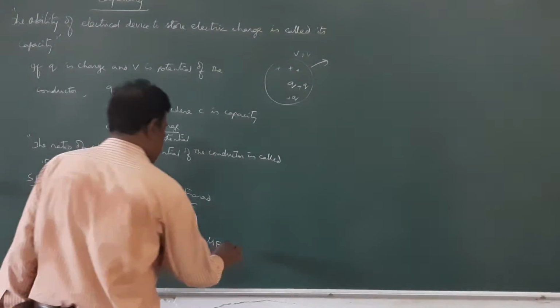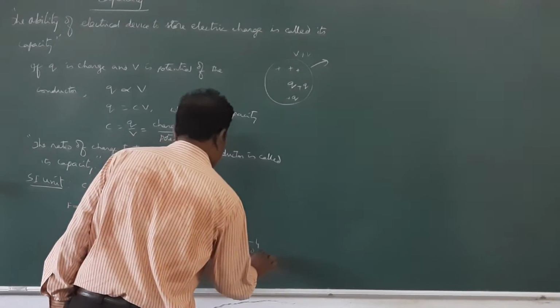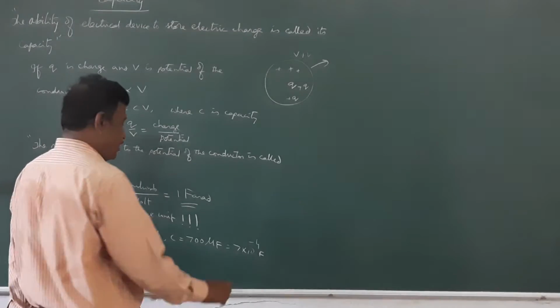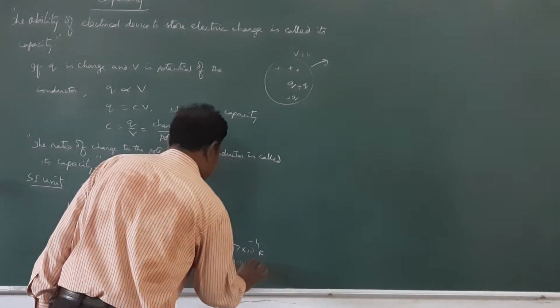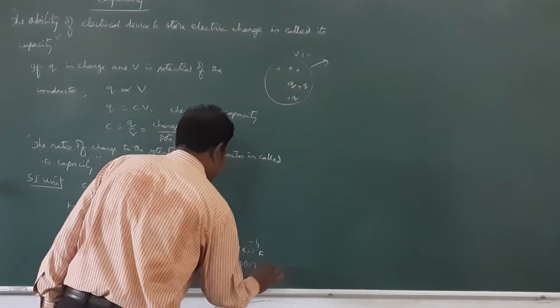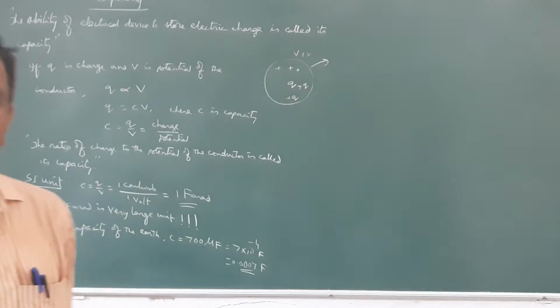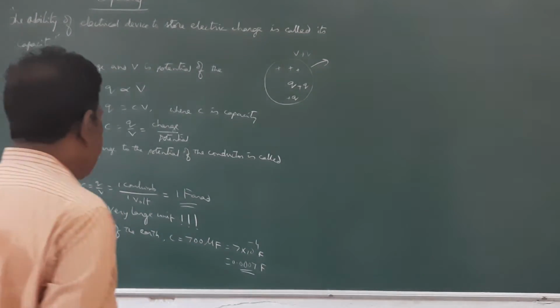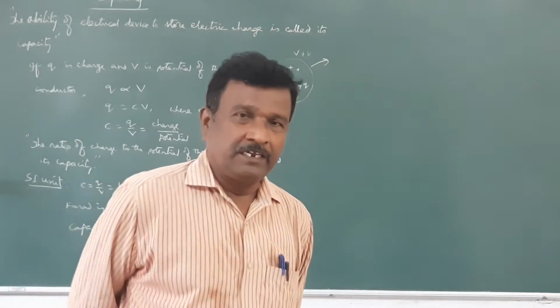That means 7 into 10 to the power of minus 4 farad. Or in the other way, that is equal to 0.0007 farad. So, farad is a very large unit of capacity.